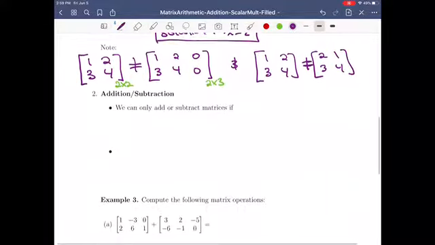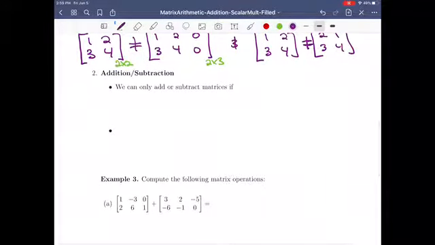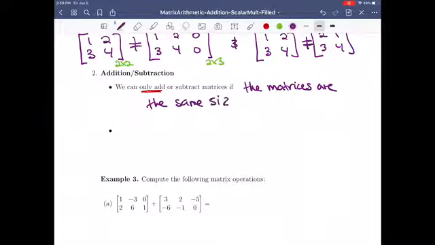So what about addition and subtraction? There are times where we cannot do this. We can only add or subtract if the matrices are the same size. We need them to have the same number of rows and columns.